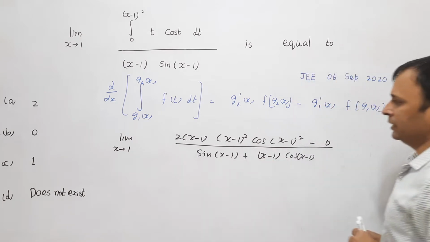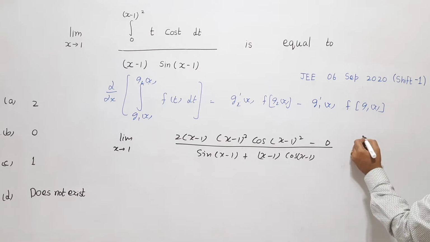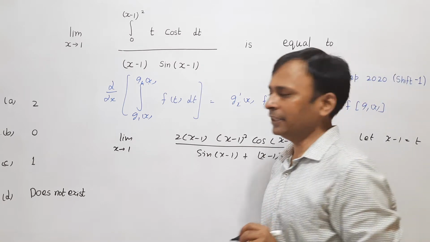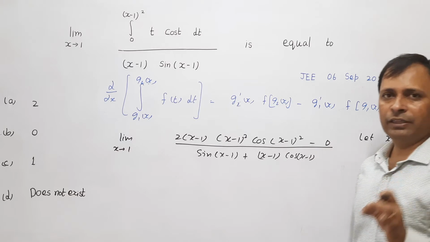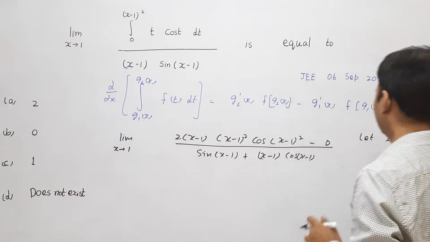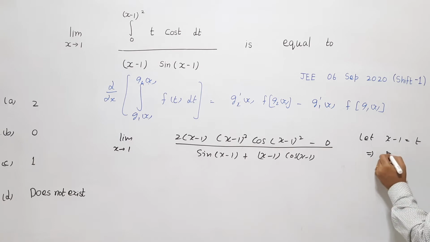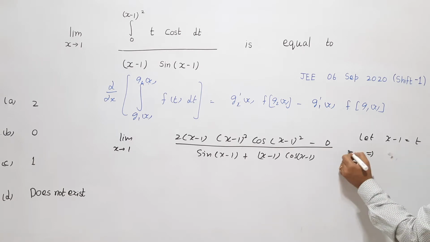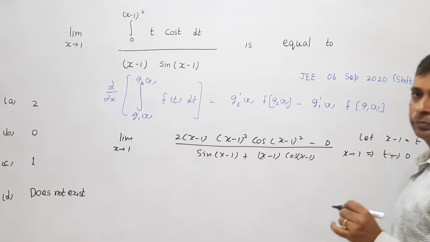Now what you can see here is everywhere there is x minus 1, so let us assume that x minus 1 is equal to t. I have done the change in variable, and when x is approaching 1, t will be approaching 0.